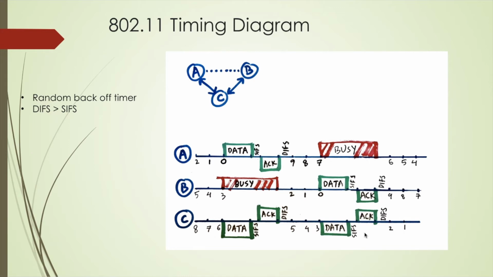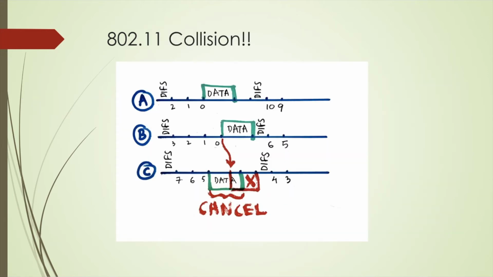So when does the problem occur, actually? The problem occurs if, for some reason, A and B cannot hear each other. So what will happen in this case is while A and C are sending and receiving data, B's timer is going to 0, so B is starting to send data.